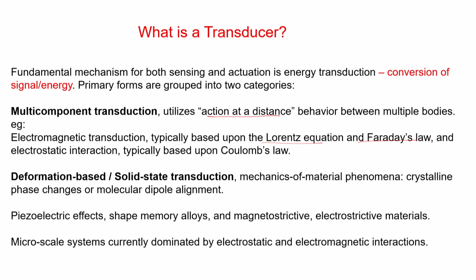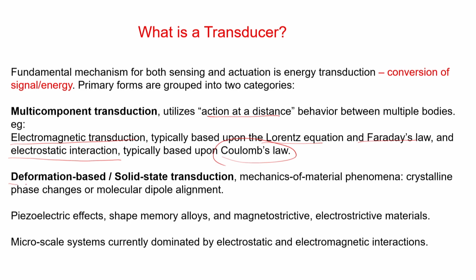So, you can actually develop a transducer based on this, something which is either sensing the rotation of a system or something which is changing mechanical energy to electrical energy and such forms. Now, this can happen as an electromagnetic transduction, and similarly there can be electrostatic transduction also, which is based on Coulomb's law. Okay. Now, these are multi-component transductions.